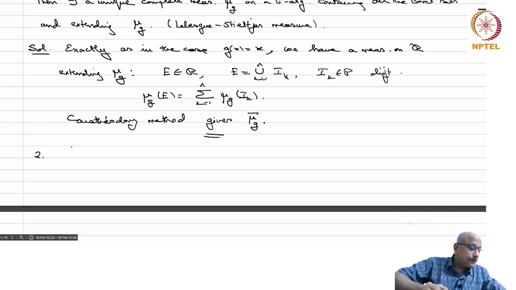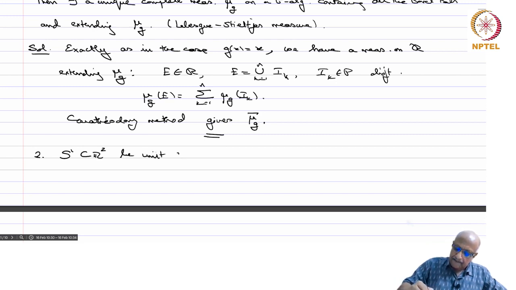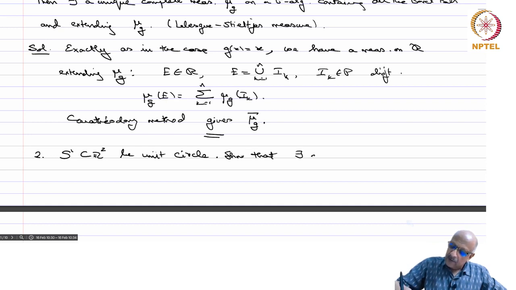2. Let S1 contained in R2 be the unit circle. Show that there exists a Borel measure on S1.